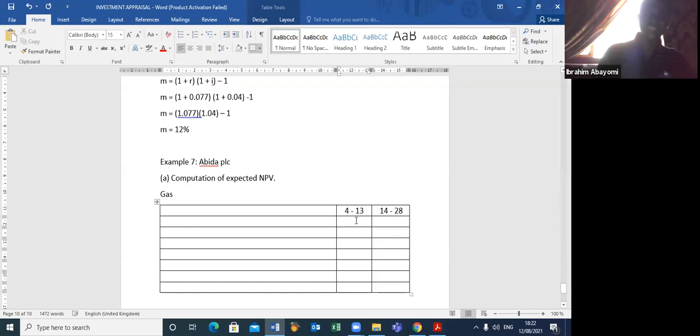The first 10 years is year 4 to 13. The remaining 15 years is from year 14 to 28. So we are working in millions this time around.